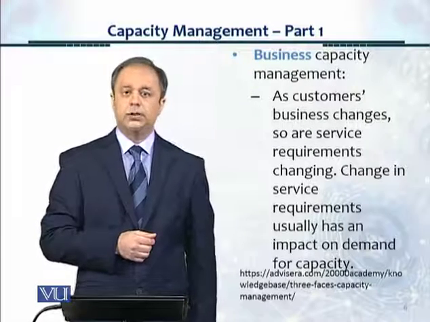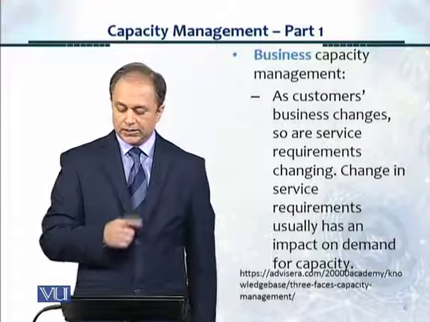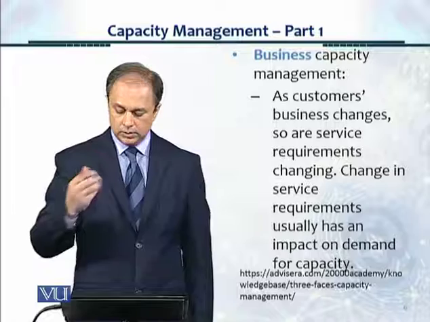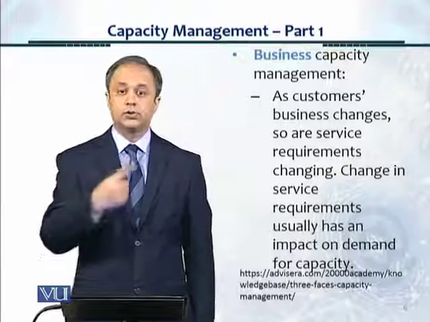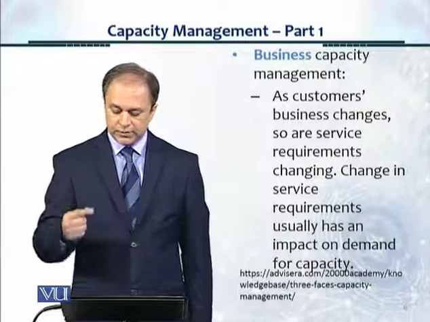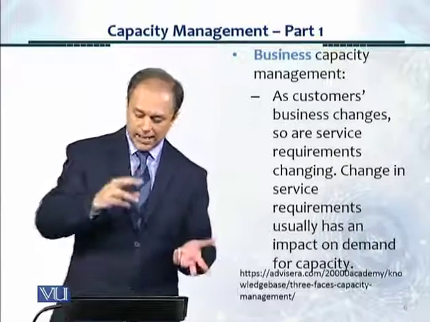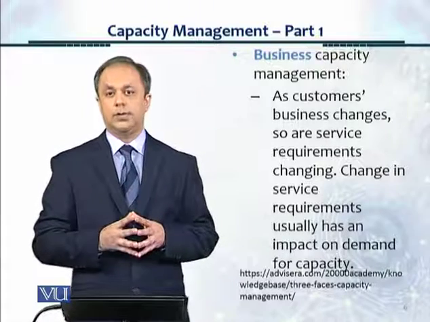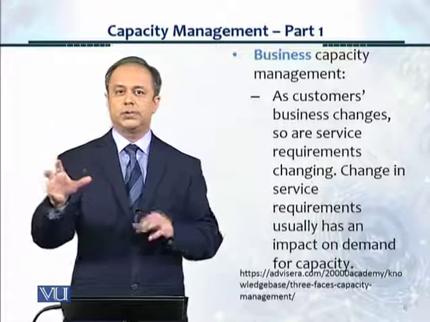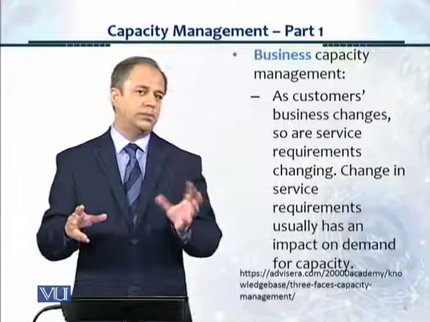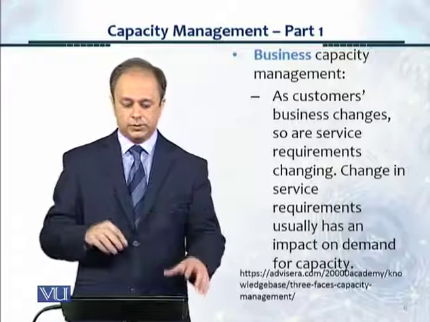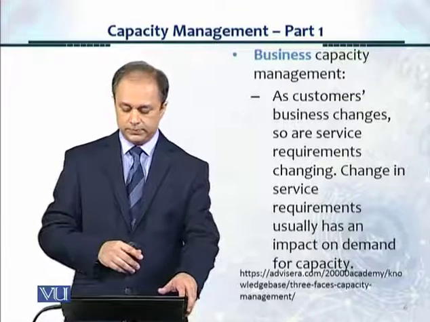Business capacity management further detail is that as customers' business changes, so are service requirements changing. Change in service requirements usually has an impact on demand for capacity. So you're tracking the business requirements and making sure that the capacity is also in line with the business and the changing environment of business.